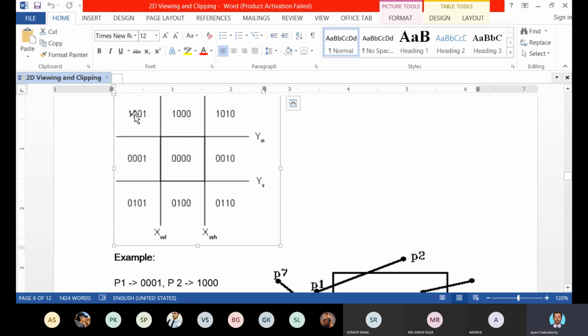All of these 3 regions are at the left side of the window, so the second bit is 0 for all of them. First bit is 1 as we are at the left side, so for all of these 3 regions, the first bit is 1 and the second bit is 0.